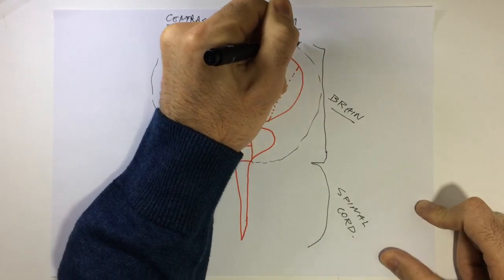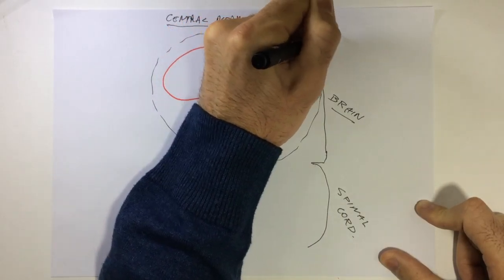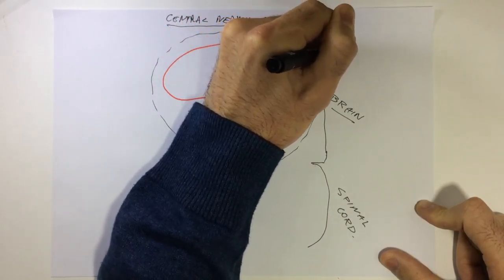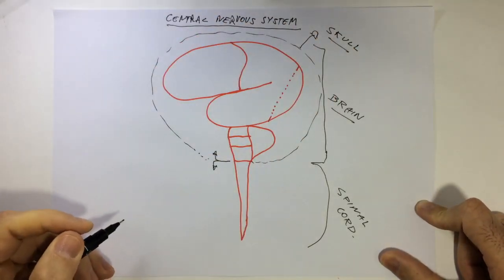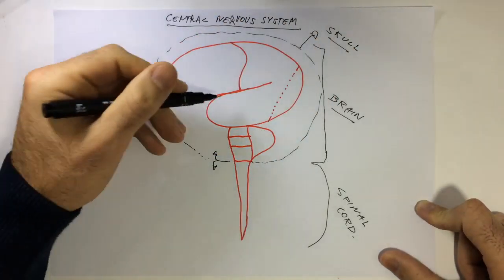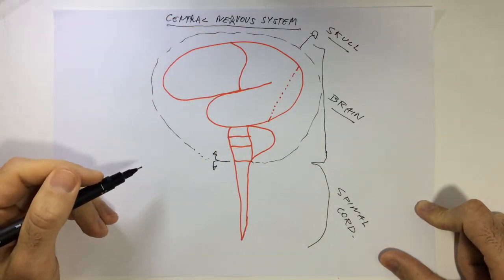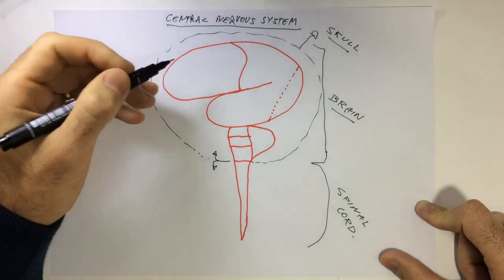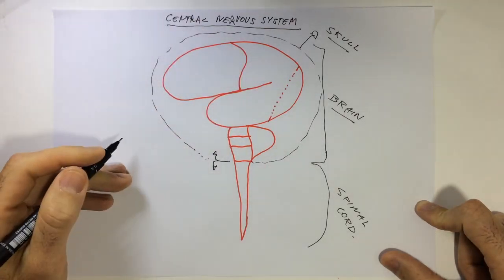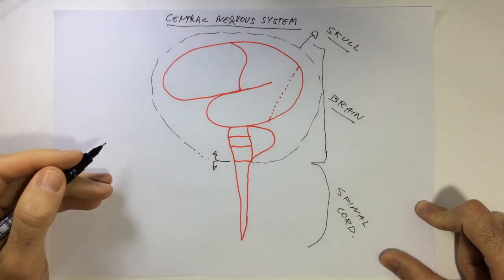So here, that would be the skull. And we have a lot of different parts of the brain, obviously, and the spinal cord as well, but today I'm just going to show you the main divisions.